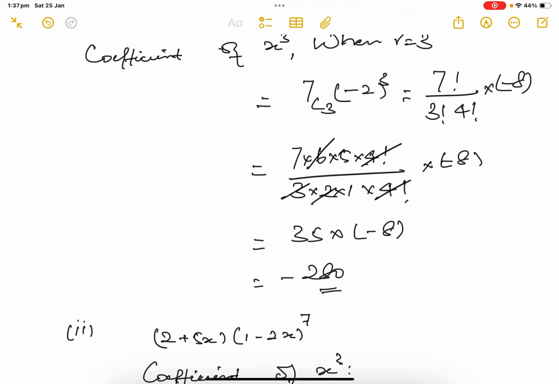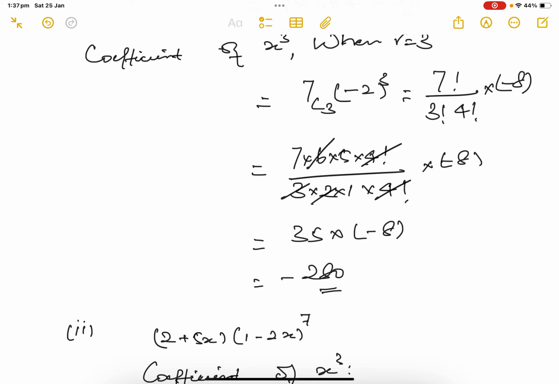7 factorial is 7 times 6 times 5 times 4 factorial, divided by 3 factorial, which is 3 times 2 times 1, and 4 factorial. The 4 factorial cancel out, and 3 times 2 in the denominator cancels with 6 in the numerator.